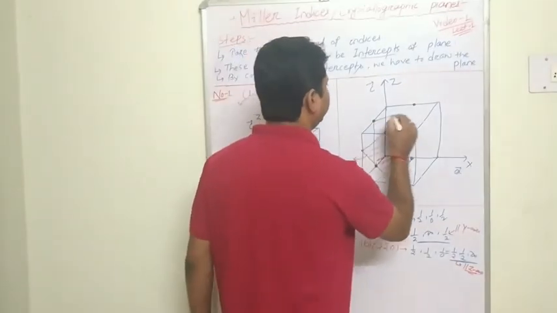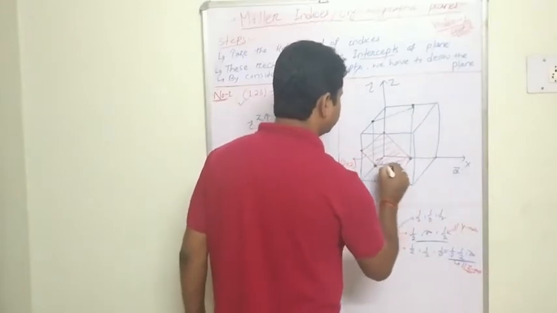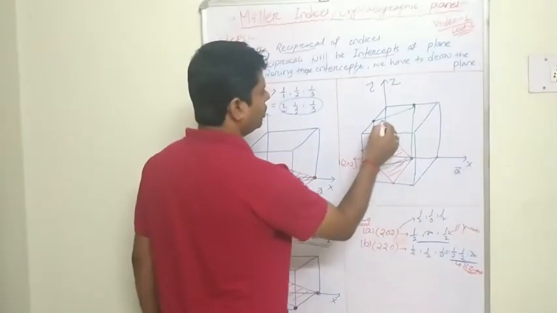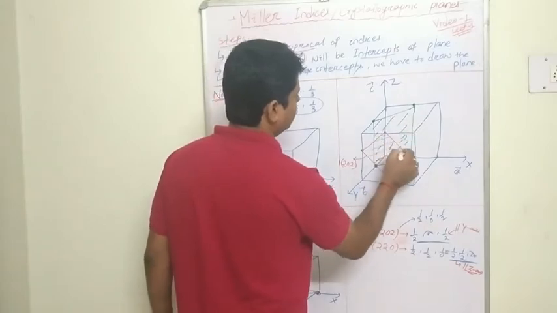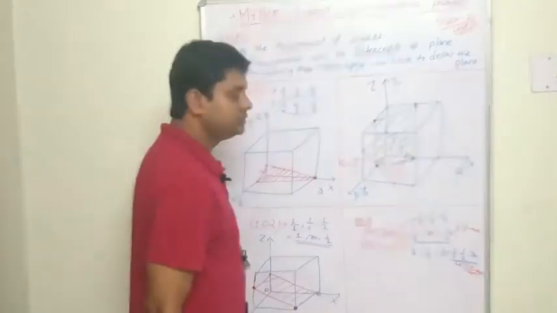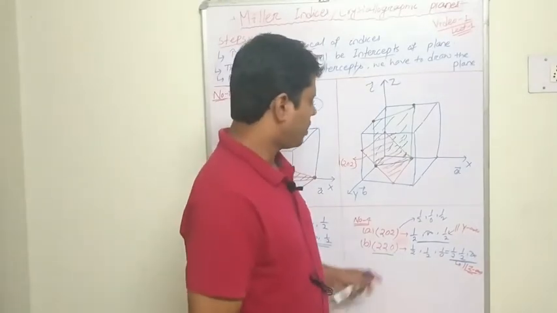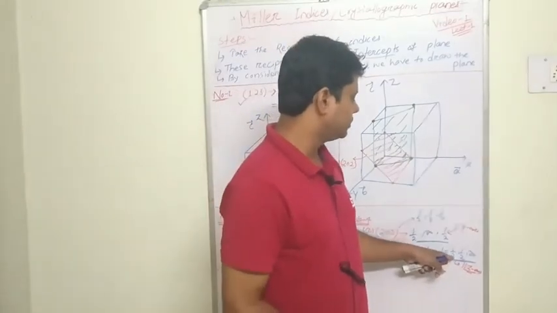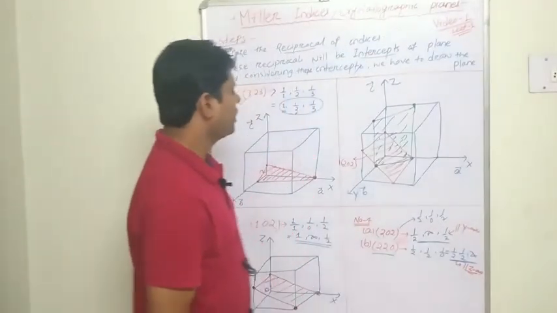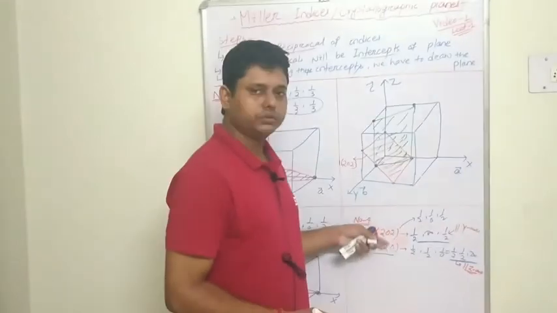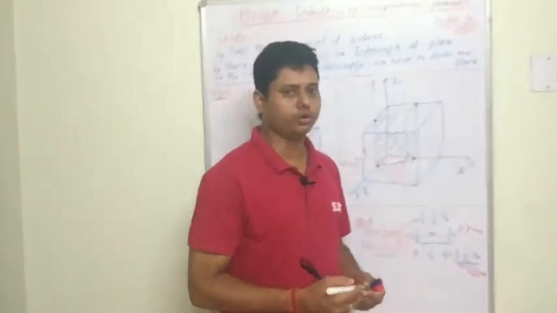Now I have joined the 4 points to construct the required plane. So this is nothing but our plane having the Miller indices 2, 2, 0, or the intercepts 1 by 2, 1 by 2 and infinite. So you can draw these two planes in separate figures also.